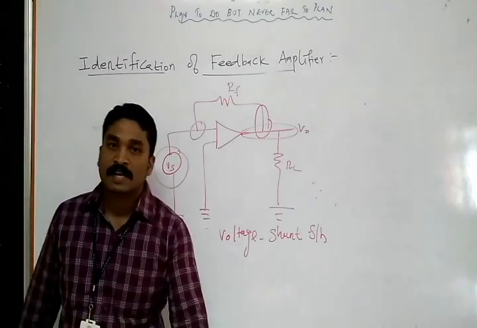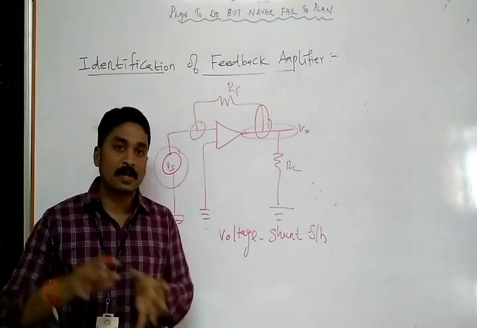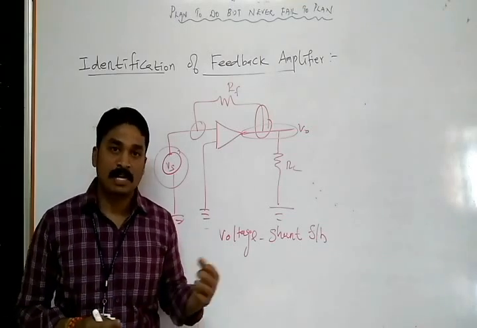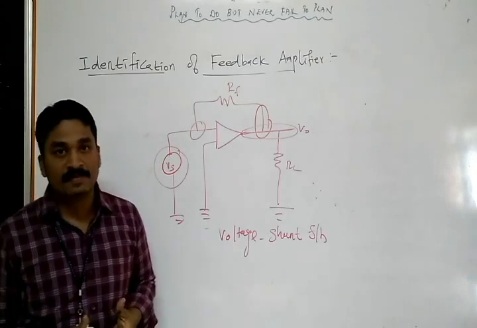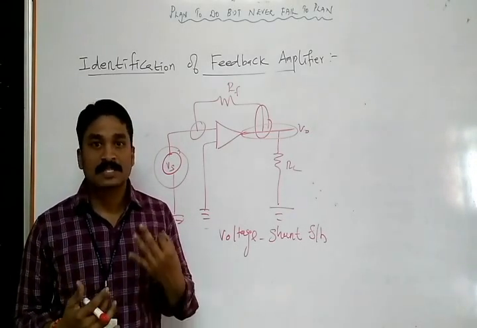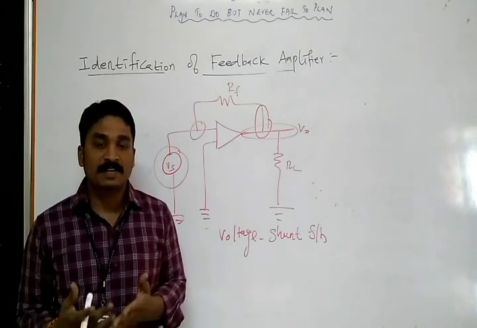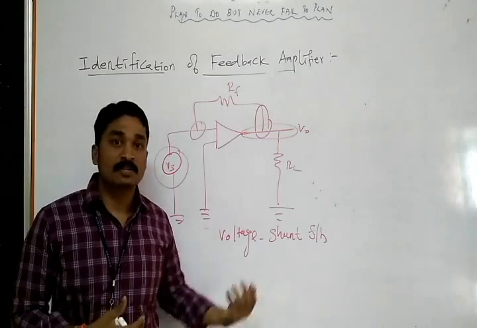So likewise, one can apply the shortcut method on any circuit to identify what type of feedback amplifier it is. And after identifying the feedback amplifier, we have to identify what the gain is, what the input resistance and output resistance are, and what the beta feedback network value is. Everything we can get from the original circuit.